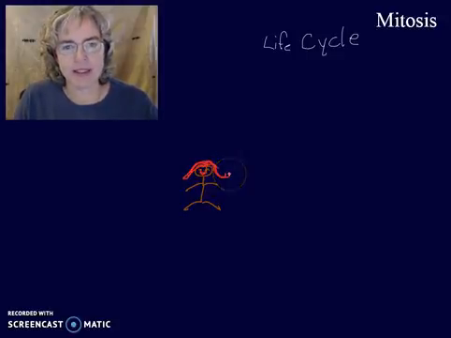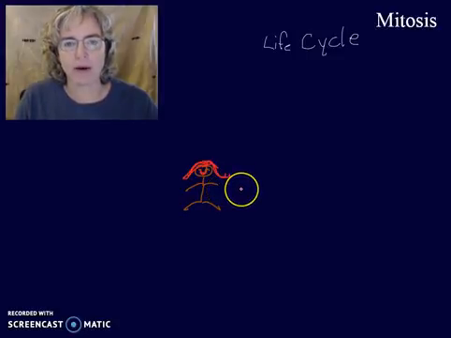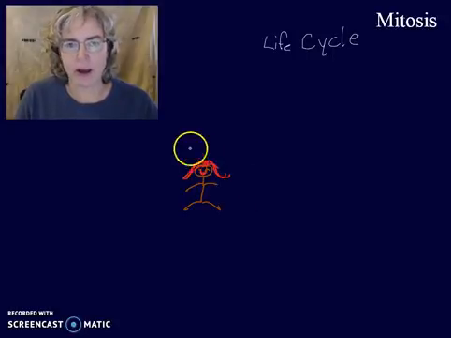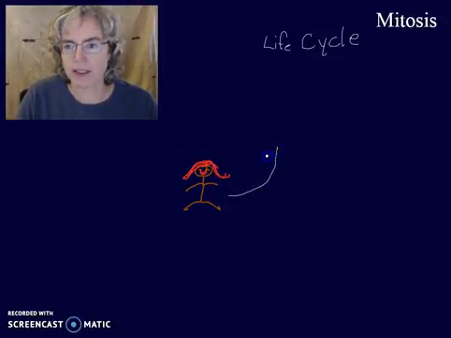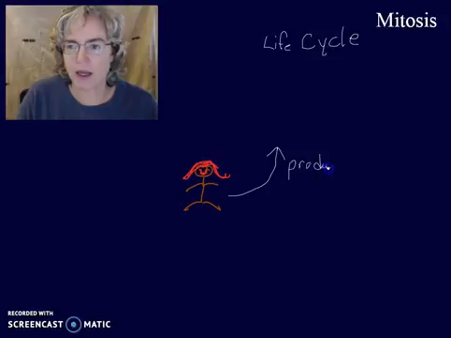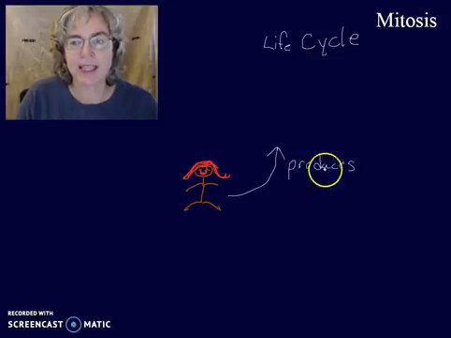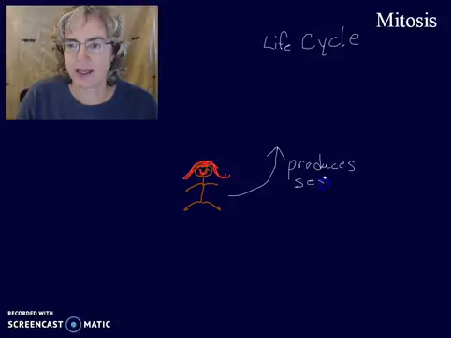There are many processes that happen throughout somebody's life. We want to talk about just a few. We would like to talk about a process that produces sex cells, also called gametes.